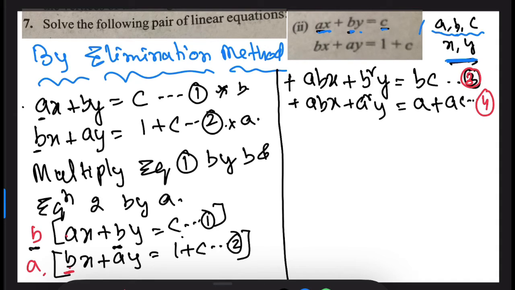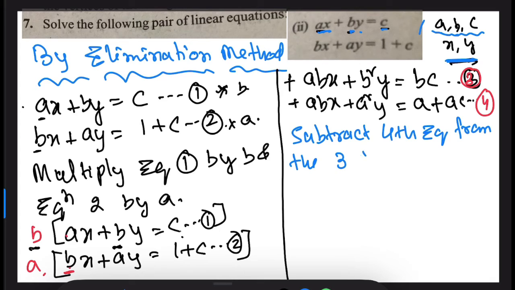Now what shall we do? By subtracting the fourth equation from the third equation.